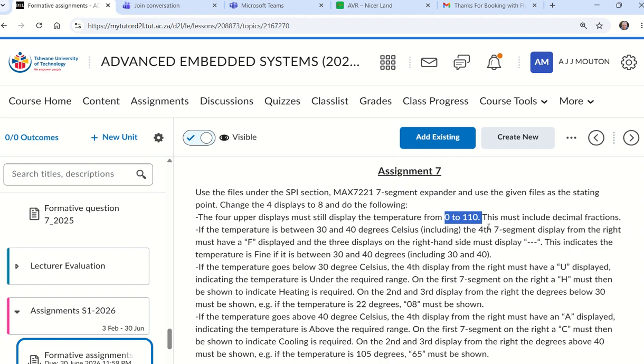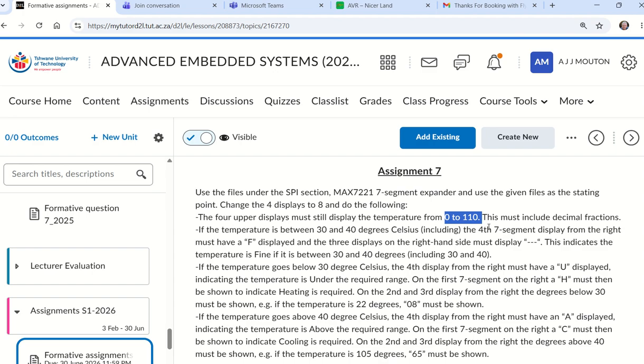So you already get the idea that I'm actually going to make use of 4 displays, even though I display only up to a temperature of 110 degrees Celsius. So come to think of it, if I make use of 4 displays and I use the maximum temperature of 110.0, I'm actually sitting with a value of 1100.